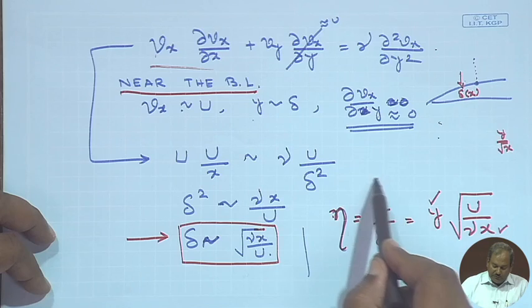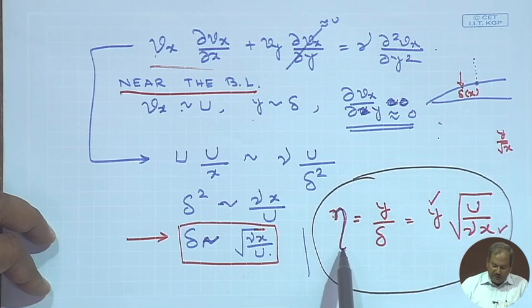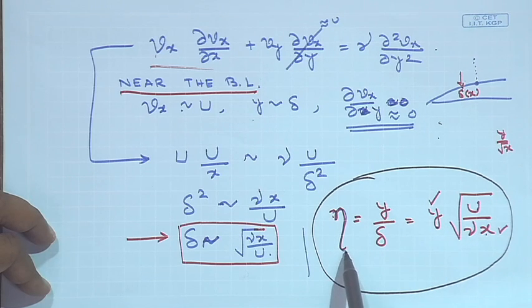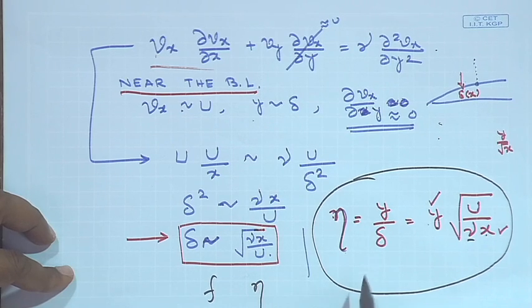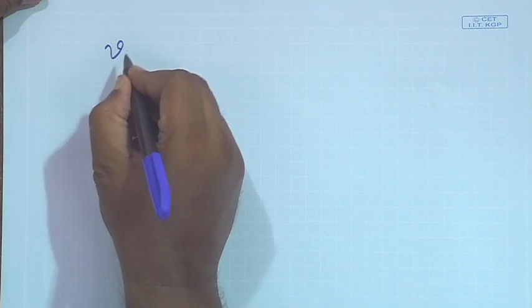We also defined the dimensionless distance, or rather the combination variable which contains both y and x, of the form eta equals y root u by nu x, where nu is the kinematic viscosity. With this and with our definition of f and eta, we will see whether this equation can now be transformed to an ODE.